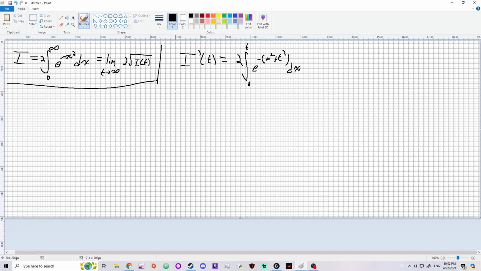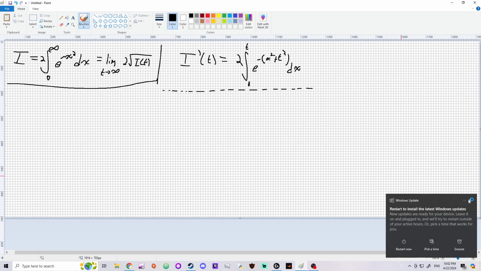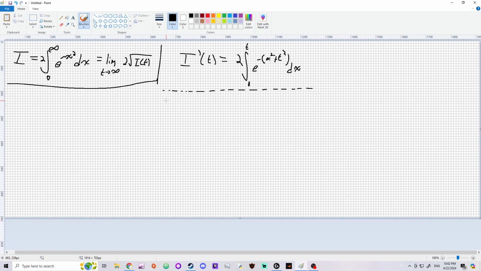Next step is we want to change the variables. Again, all these steps, I will admit they're not intuitive, but the idea is the steps make sense algebraically at least. So bear with me.